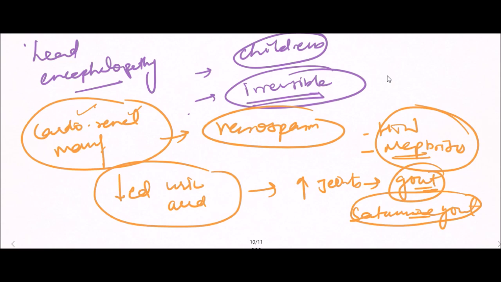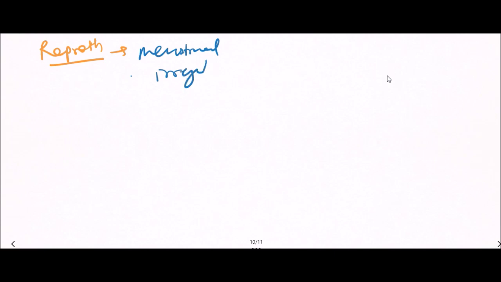Now, lead also affects the reproductive system, because lead causes sterility sometimes, and menstrual irregularities like amenorrhea, menorrhagia, and dysmenorrhea.